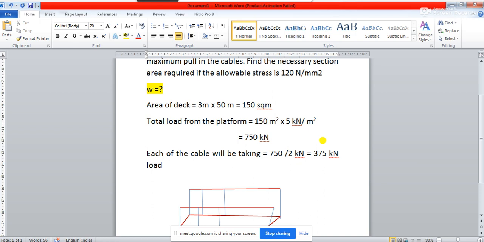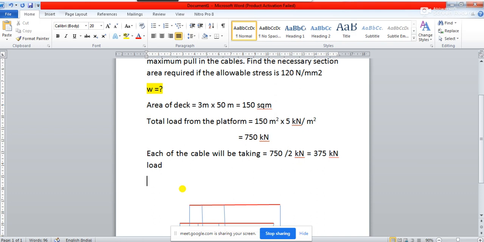Now you tell me, the total load coming on each cable is 375 kilonewton. So what will be the UDL on the cable?